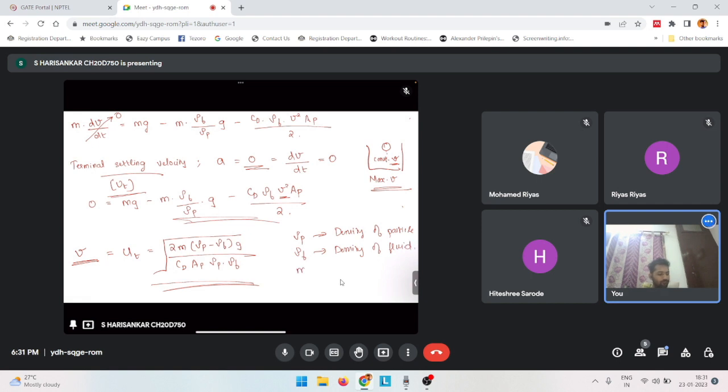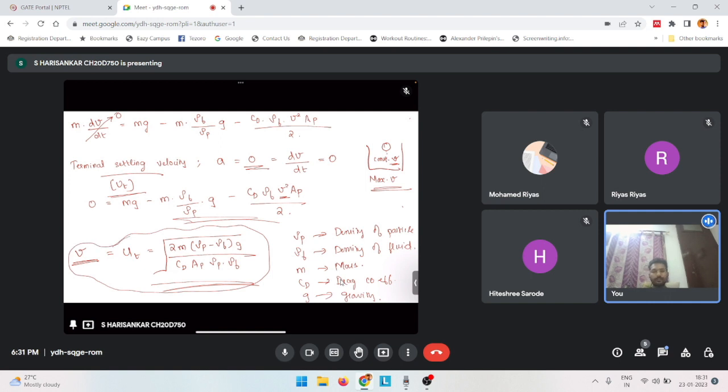And then m is the mass of the particle, CD is the drag coefficient, and g is the gravity. Right? So this is the general equation for terminal settling velocity for any situation.